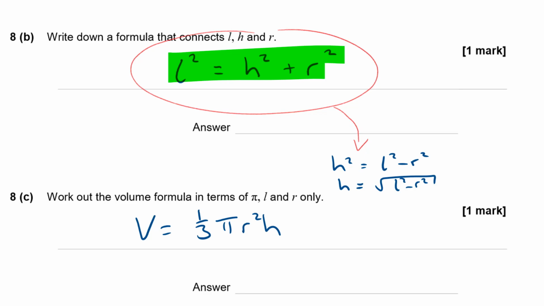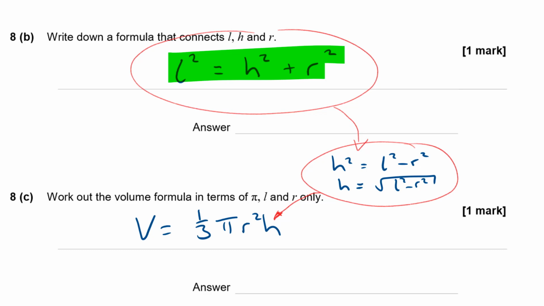Okay, so now I've got that, I can replace it in my formula for V here. So I can remove the h that's on the end of that formula and plug in my root L squared minus r squared instead.